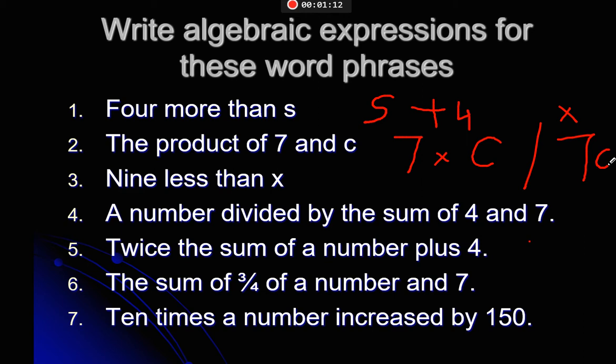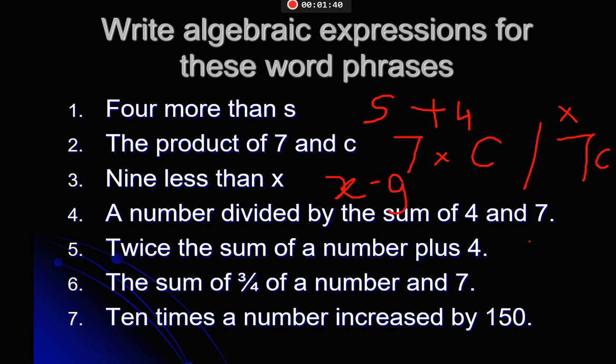Now this one is 9 less than x. Suppose we consider a number x. So x minus 9, that is the third one. Now the next one is number 4. A number divided by the sum of 4 and 7.